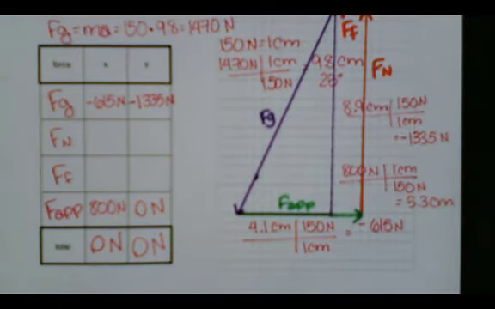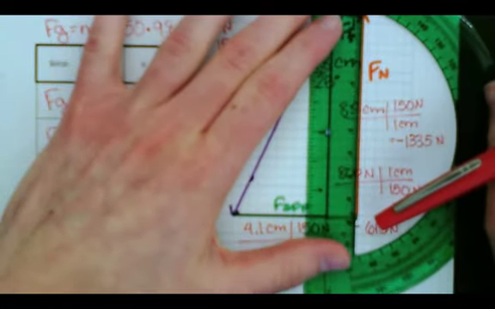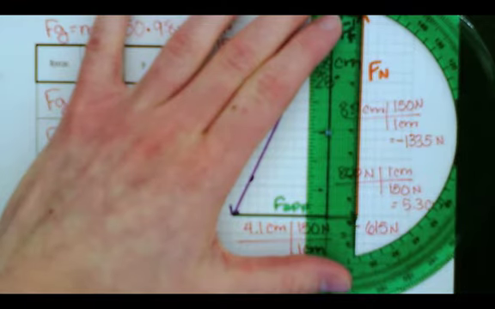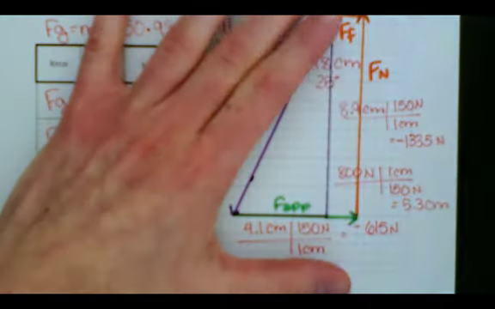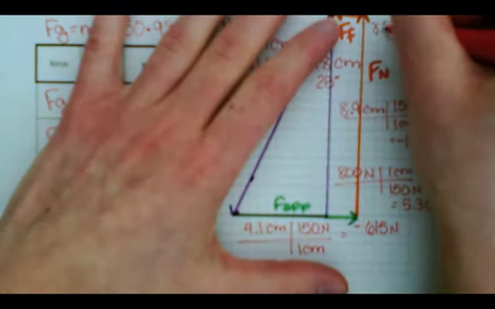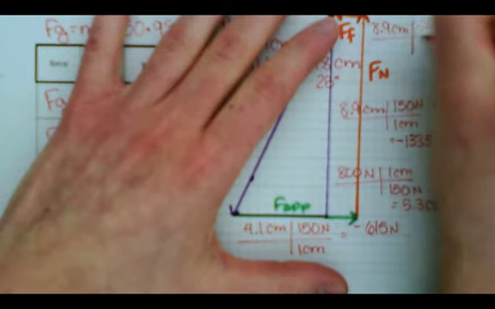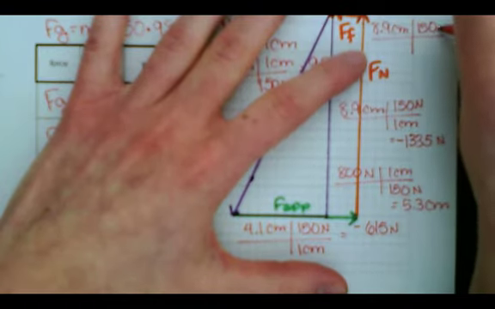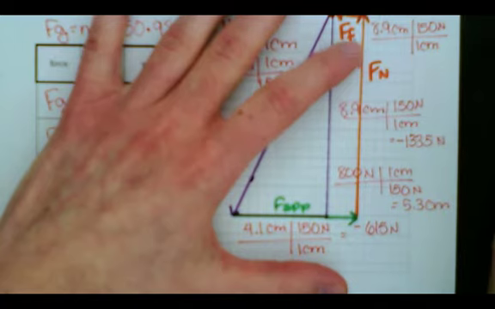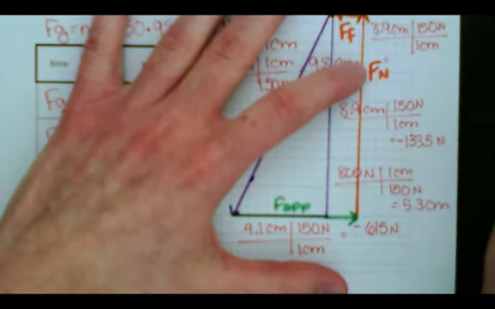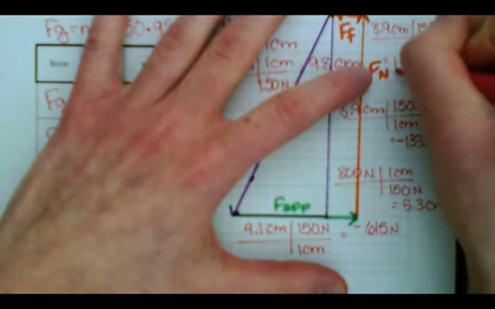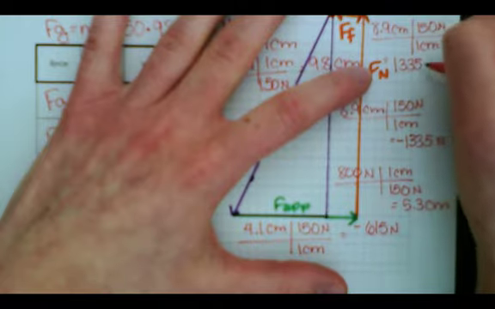I can use these vectors to determine the magnitude of my forces. Let's begin with the normal force. The normal force measures 8.9 centimeters. Using my conversion of 150 newtons per 1 centimeter, my normal force is calculated to be 1,335 newtons.